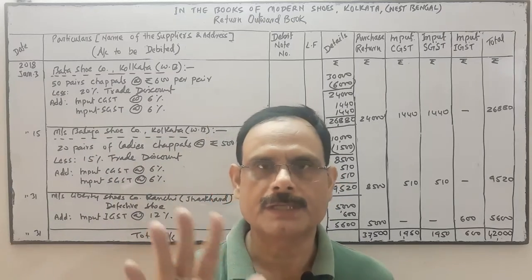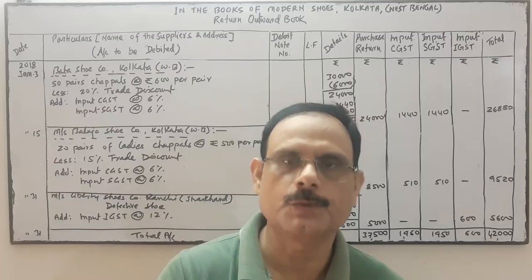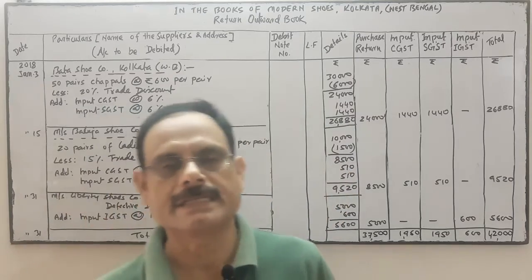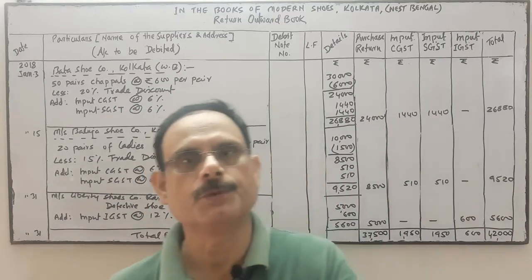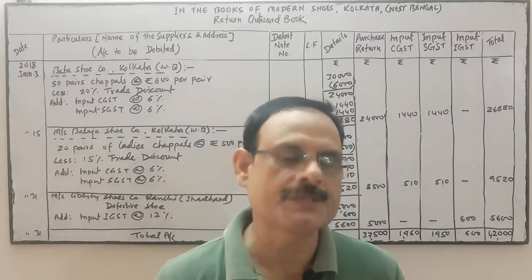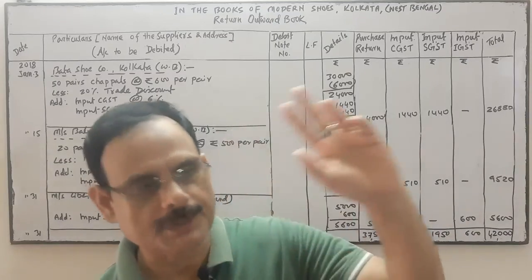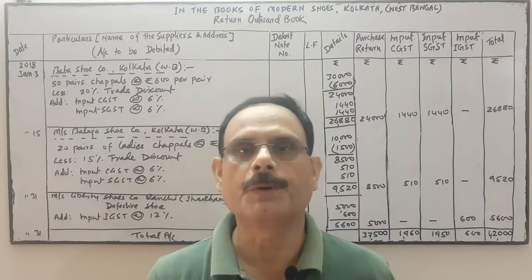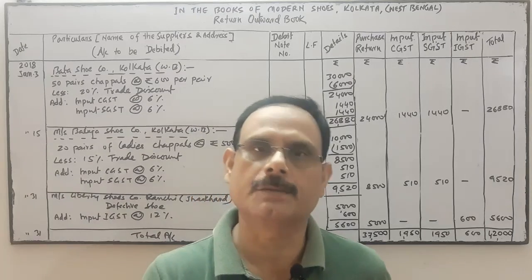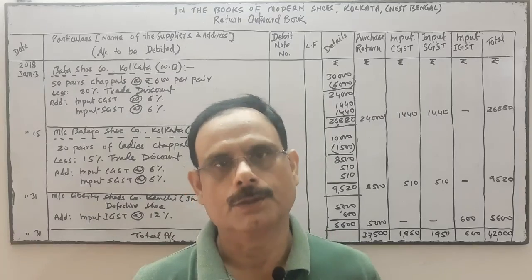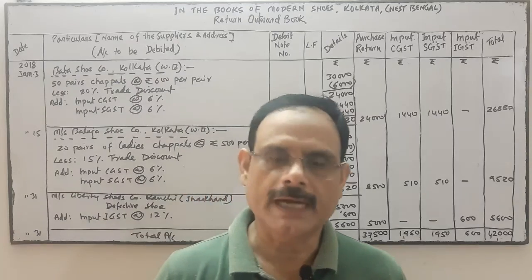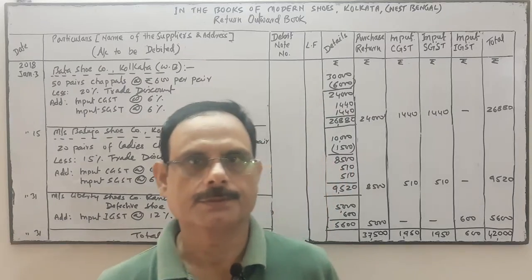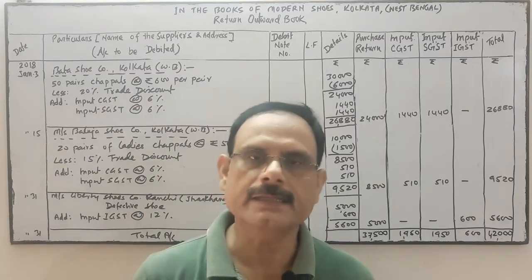The information of purchase book, sales book, purchase return, sales return, all these will be given. Even information related to journal proper and cash book transactions will be given, and you have to prepare the various books and journal proper from that question. So do as much practice as you can from the exercises and illustrations.